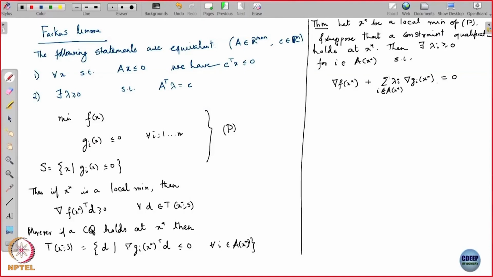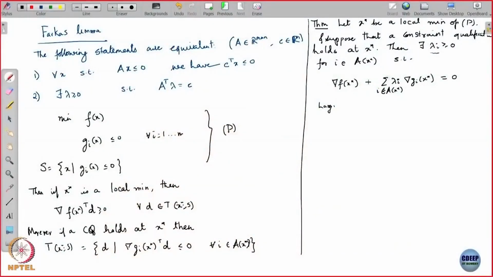Now, this will remind you of something you have already seen when we were talking of optimization over equality constraints. What are these lambdas? These are Lagrange multipliers. Lambda is actually the Lagrange multiplier. We will make this slightly more general in a moment, but I will quickly show you how this is derived.